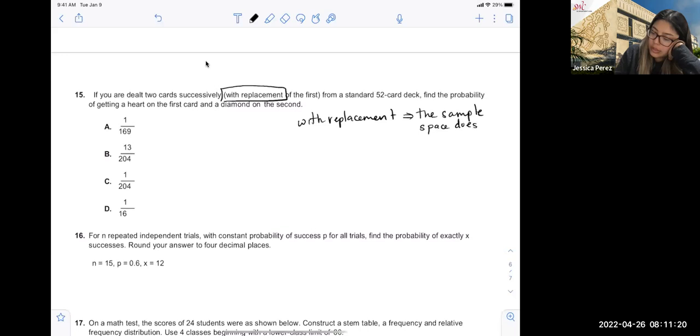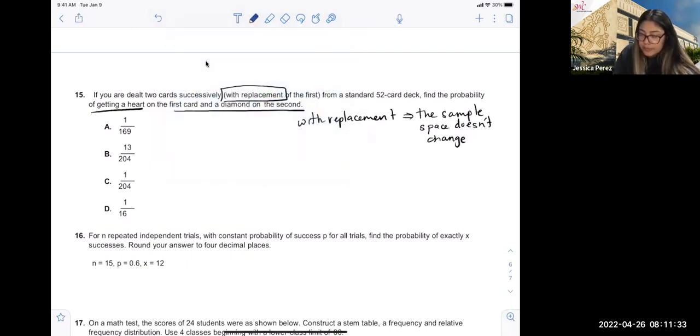Find the probability of getting a heart on the first draw and a diamond on the second. Well, how many hearts? There are 13 hearts and 13 diamonds. So we have 13 out of 52 times 13 out of 52.